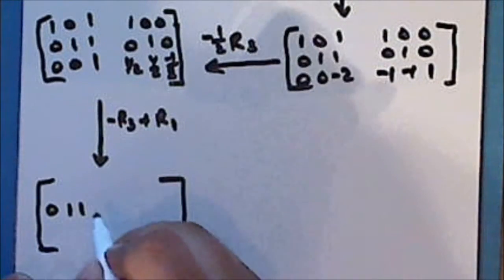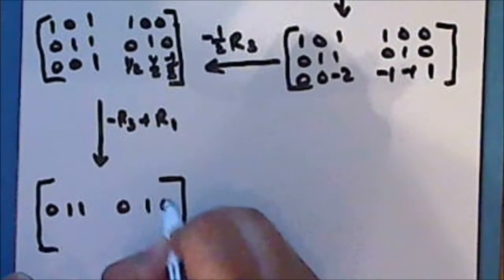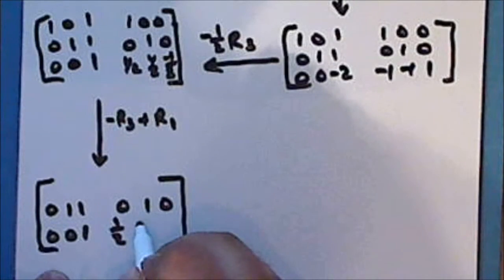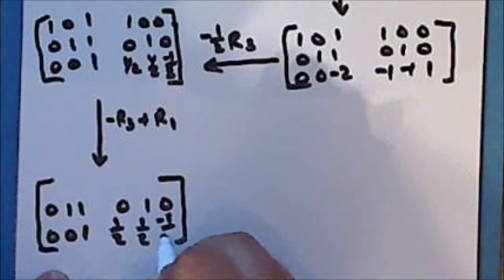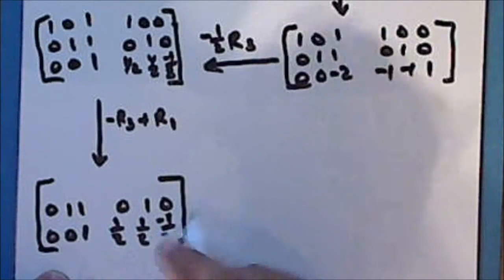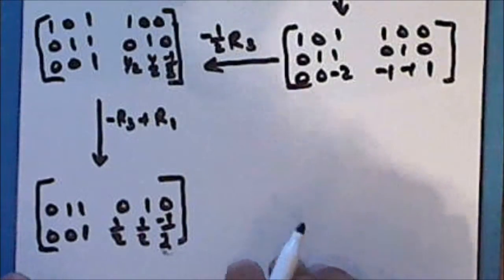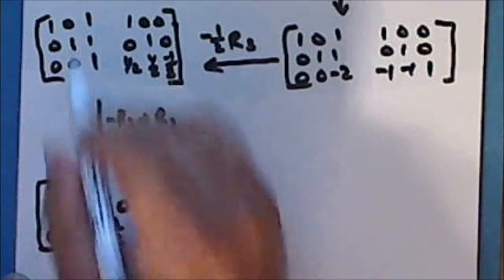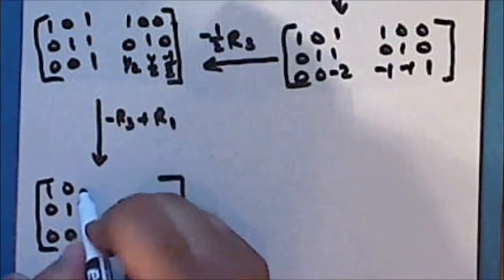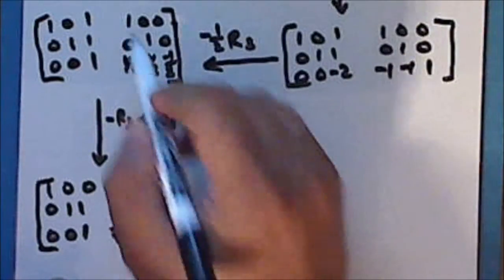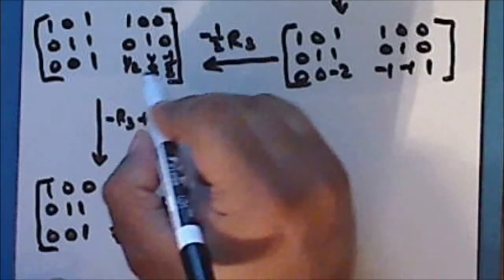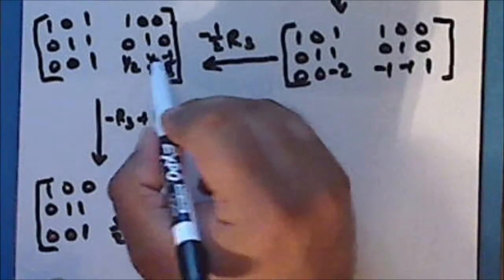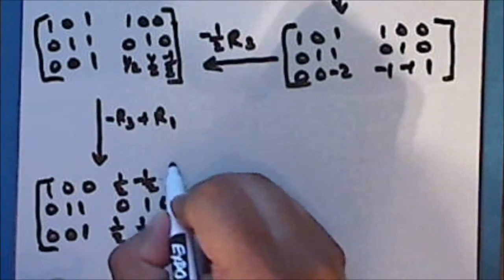So row 2 and row 3 do not change. 0 plus 1 is 1. 0 plus 0 is 0. Negative 1 plus 1 is 0. Negative 1/2 plus 1 is 1/2. Negative 1/2 plus 0 is negative 1/2. And 1/2 plus 0 is 1/2.